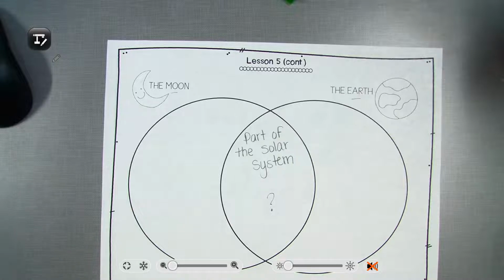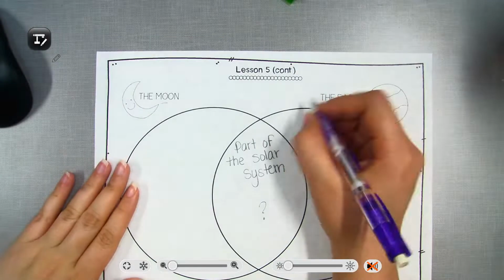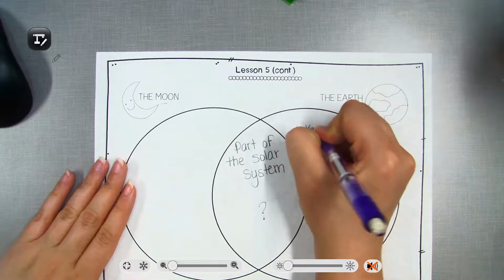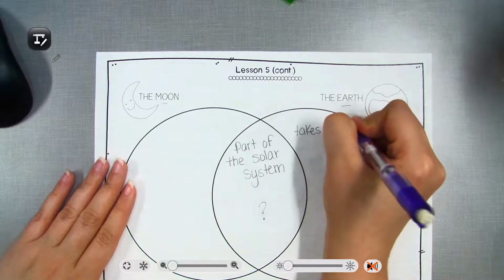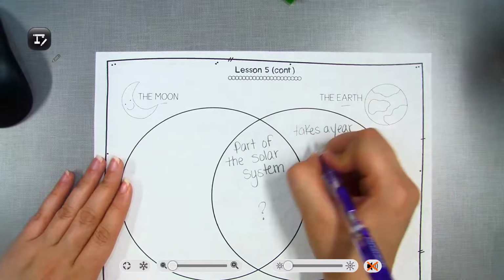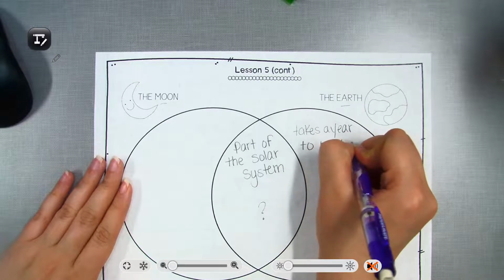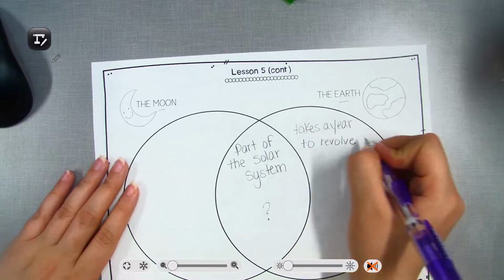Okay, so the Earth takes a year to revolve around the sun.